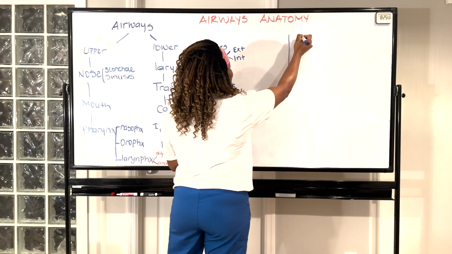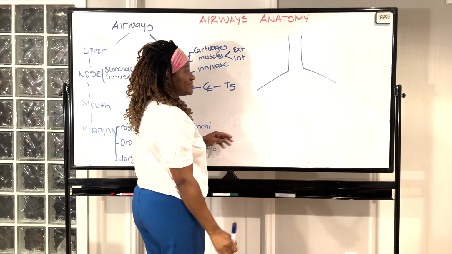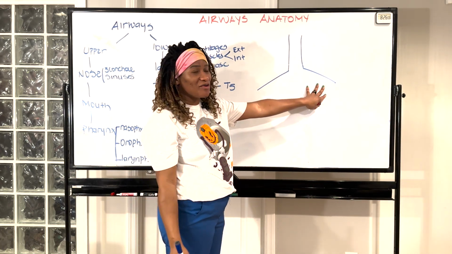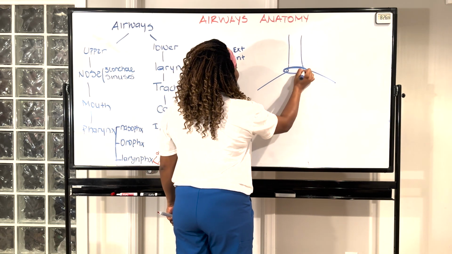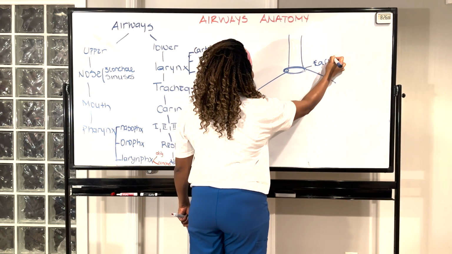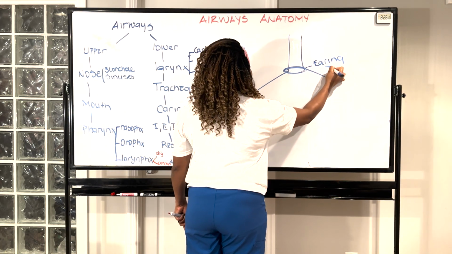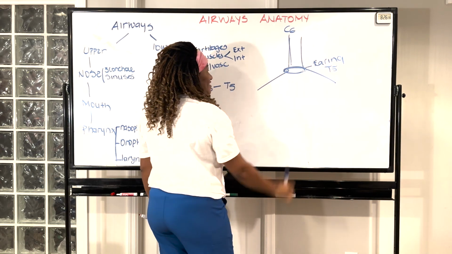So when you have your trachea here and then it divides into the right and left main bronchi, this point is your carina, at T5, and your trachea starts at C6 until this T5.